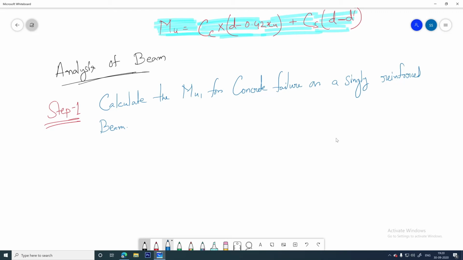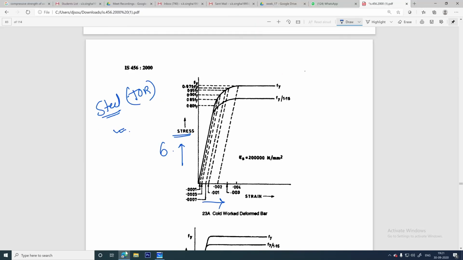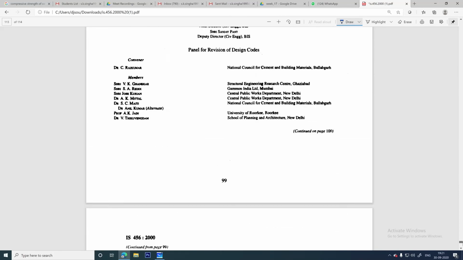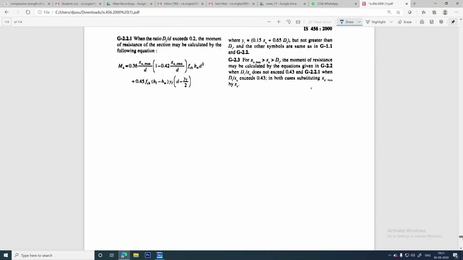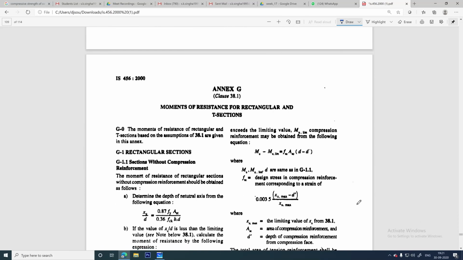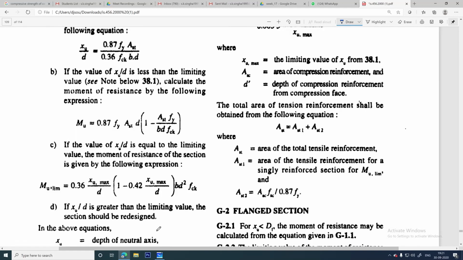That means what? Simply you need to determine the moment, which is also given in the code as well. If you open the clause number or Annexure G, there you will find this formula.